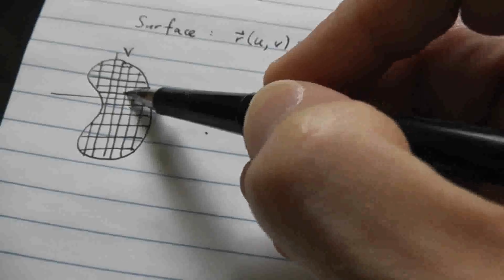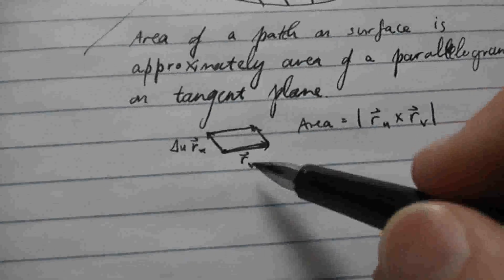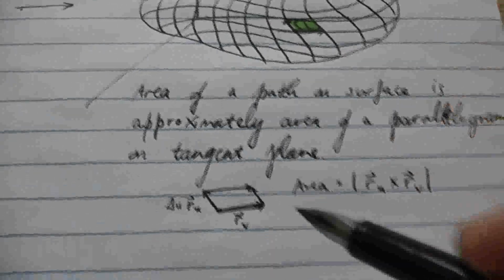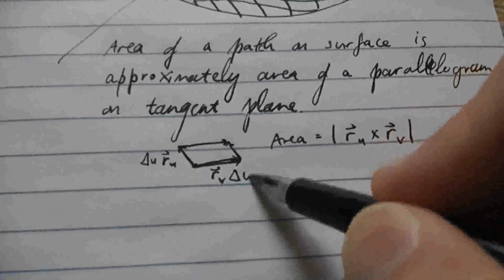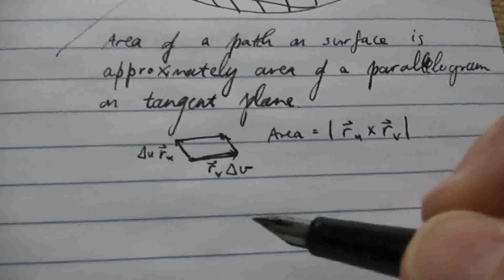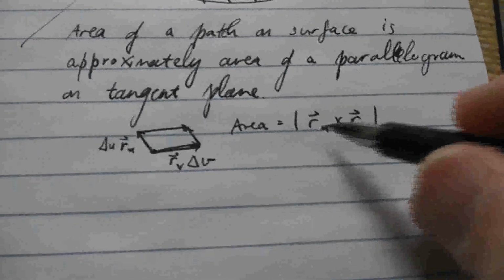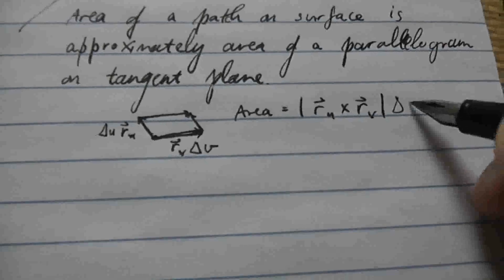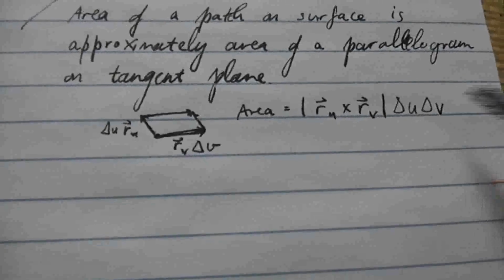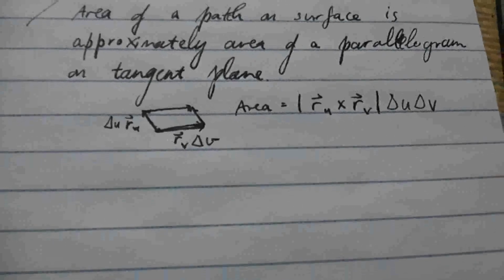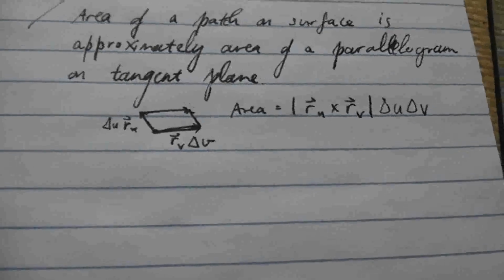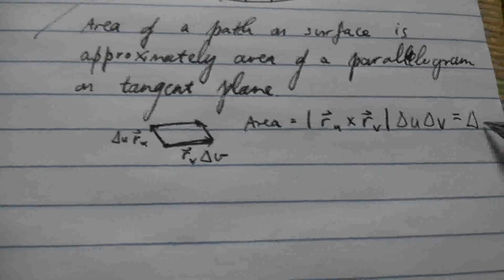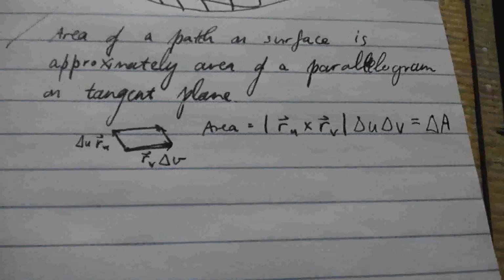And similarly, r_v is some vector in this direction, but we want to scale it so that we're just talking about this tiny little block. So the area of this parallelogram, we have to multiply by delta u delta v. Okay, so now we have the area. This is like an area element, delta A.